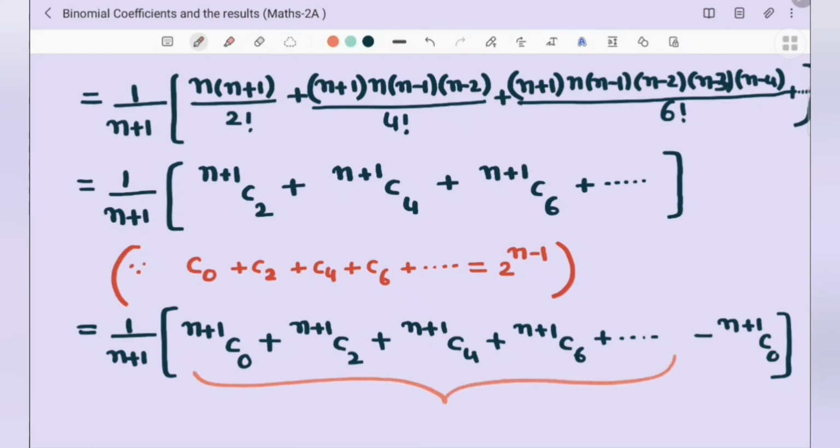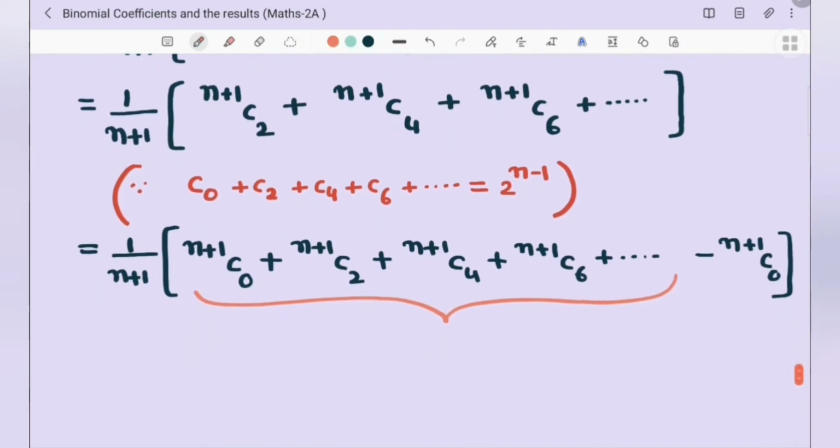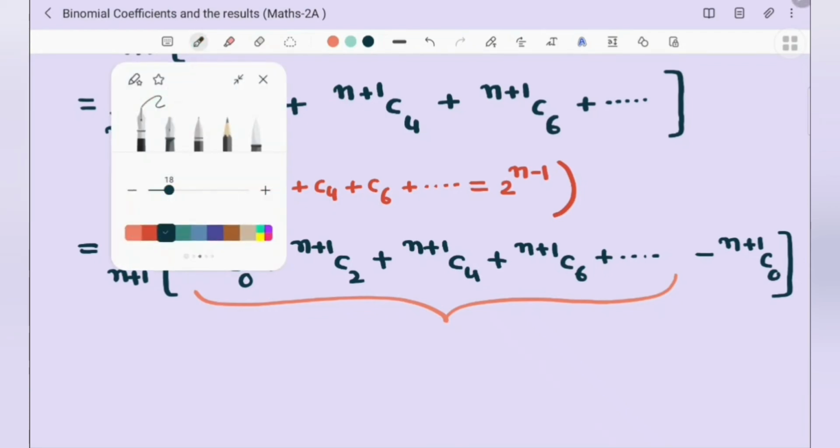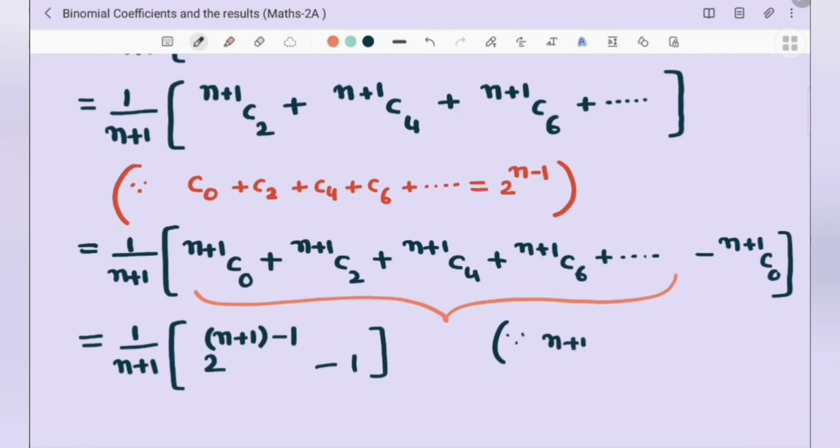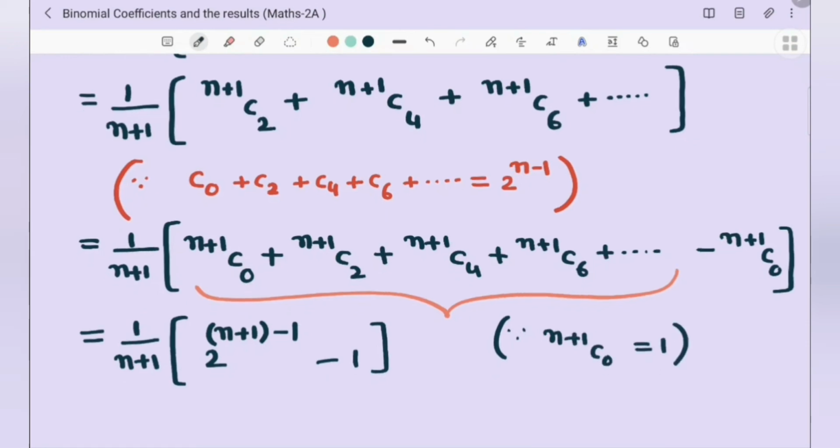From here to here, this value by using above series is 2 power n plus 1 minus 1. Why? Because in place of n, n plus 1 is there now. So we can write it as 1 by n plus 1 into 2 power n plus 1 minus 1 minus n plus 1 C0, which can be written as 1, since the value of n plus 1 C0 is equal to 1.